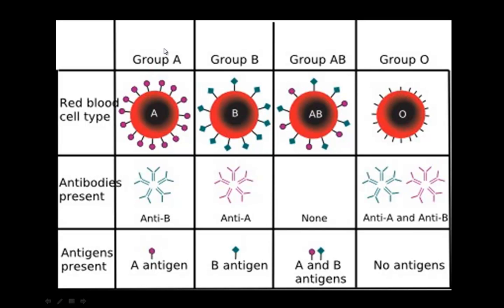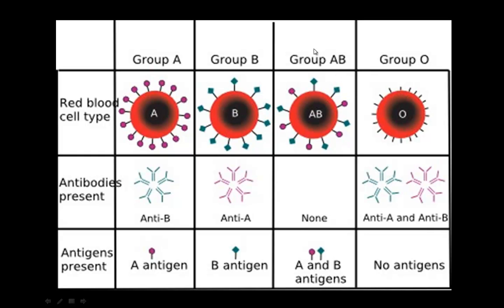So someone who has type A blood is going to have A antigens and anti-B antibodies, and that's okay because the pink and the green are never going to actually match up. Okay? Now, if you have type B blood, you're going to have type B antigens on here, and then anti-A antibodies in the plasma.